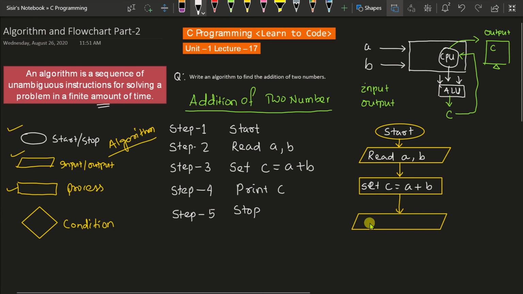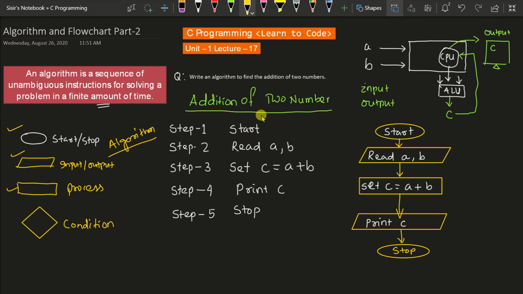Then finally I have to write print C over here. After that, the last point is your stop. So I should draw the stop symbol, then your flow line. Now this is representing the flow chart of this particular algorithm.